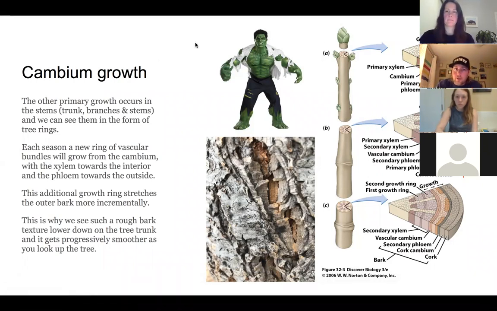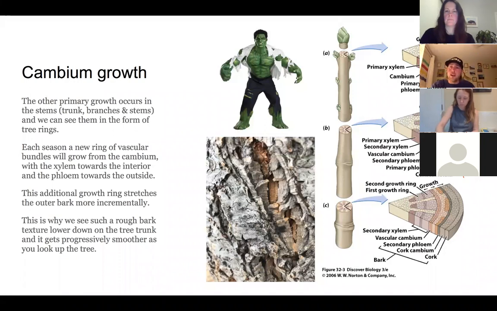I got to move so you can see here, we have the primary xylem. That is the vascular tissue that is basically like a straw that sucks the water and nutrients up, always in one direction, from the roots to wherever it's going in the leaves. So that's the xylem on the inside.